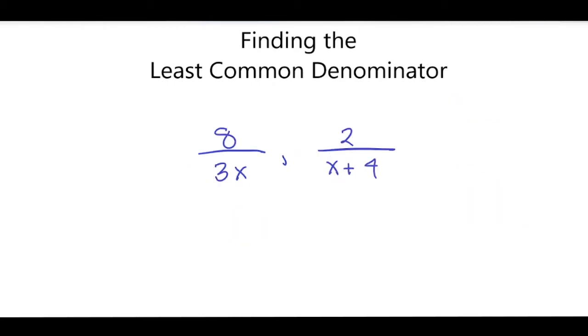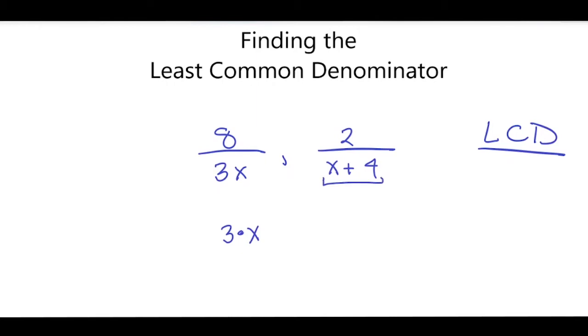So here I have 8 over 3x and 2 over x plus 4. So I need to find my LCD, which is my least common denominator. In my first fraction, I have a 3x, which is 3 times x.